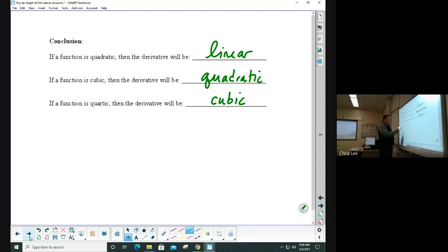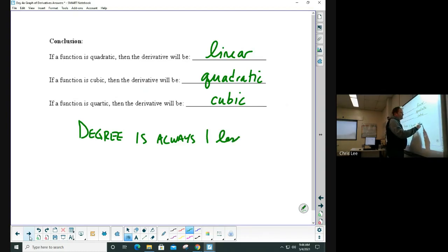The degree is always 1 less in the derivative. So this is an x squared, and the answer is an x, so x to the power of 1.